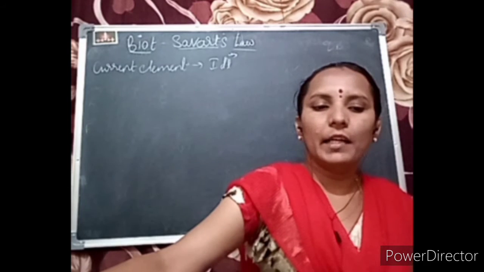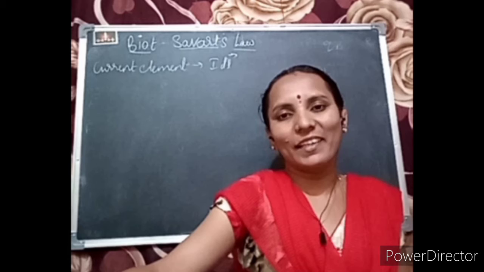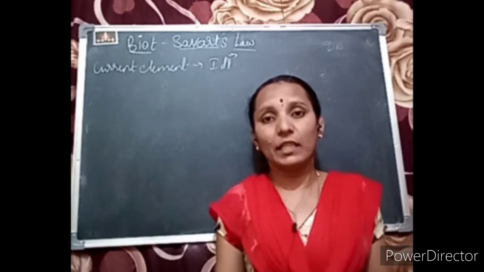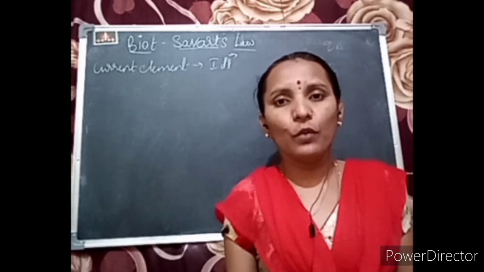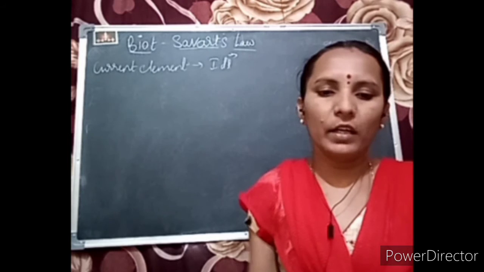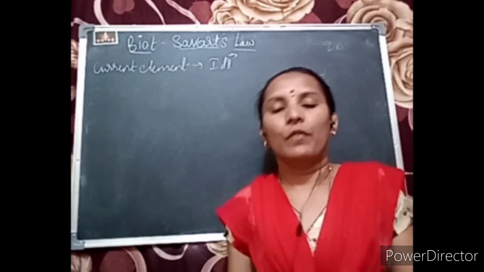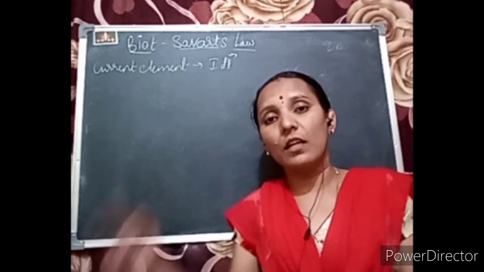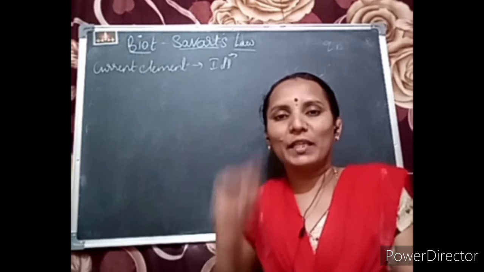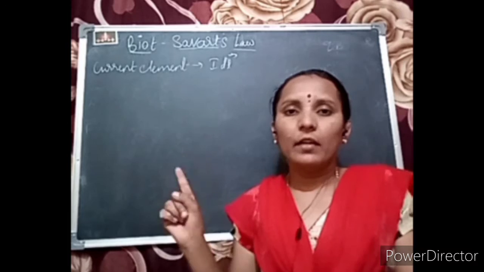So Idl is a vector, a source of magnetic field. You know very well, a current carrying conductor produces a magnetic field. Just as charge is a scalar source of the electric field, which is a vector, similarly current is a scalar, but current element is a vector.